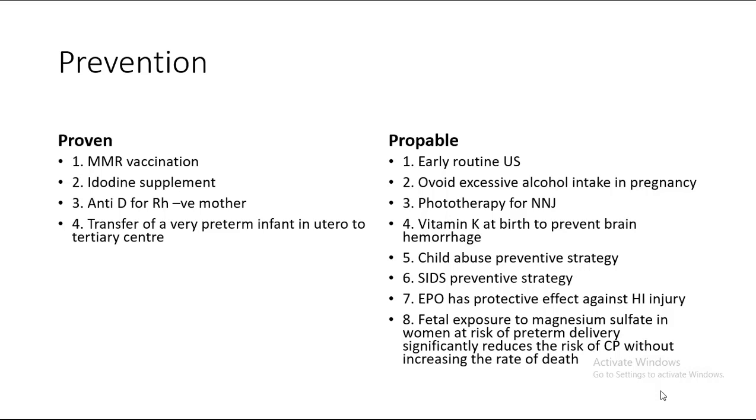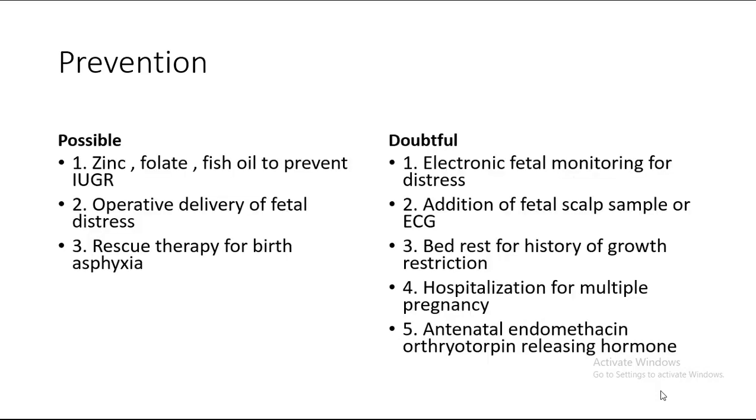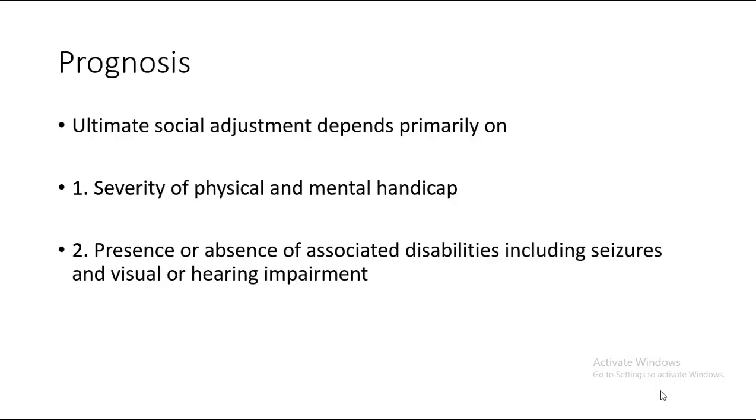The proven preventive measures are vaccination against infectious illnesses with MMR, for example, iodine supplements, preventing kernicterus, hyperbilirubinemia encephalopathy, by giving anti-D for Rh negative mothers. Take care of preterm children, transfer the very preterm infant in utero to a tertiary center. And there are other probable, possible, and doubtful preventive measures.